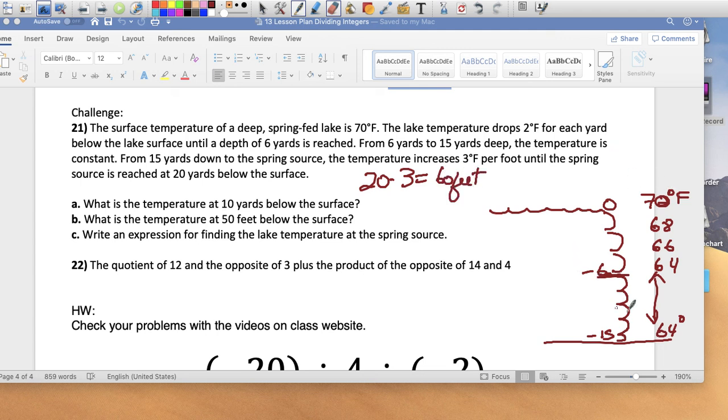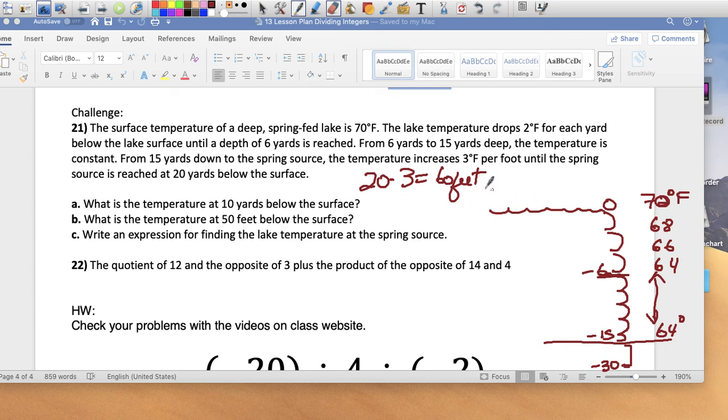We're still going to go down. So we are at negative 15, and we're going to go down 60 feet more. 15 yards. We're going to go another 15 yards. So we're going to be at negative 30. And 15 yards is the same thing as 60 feet.